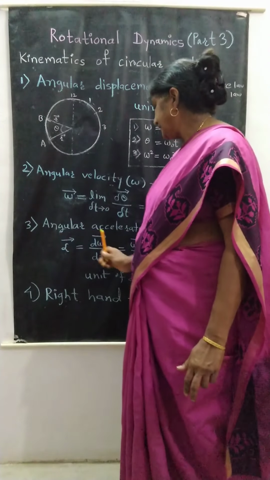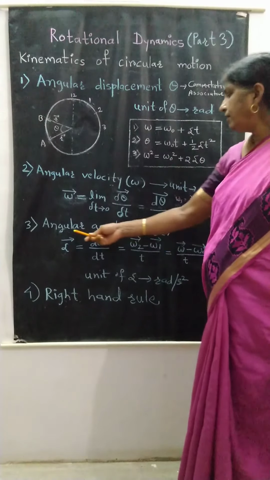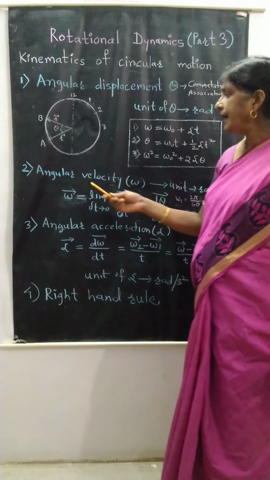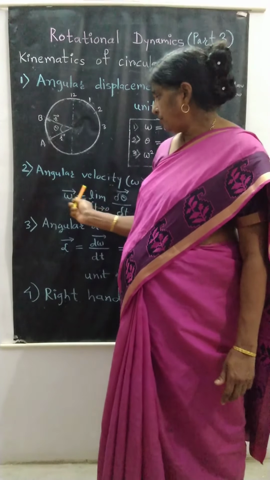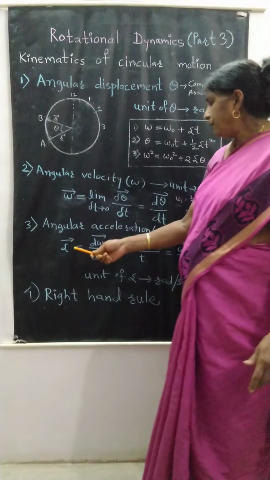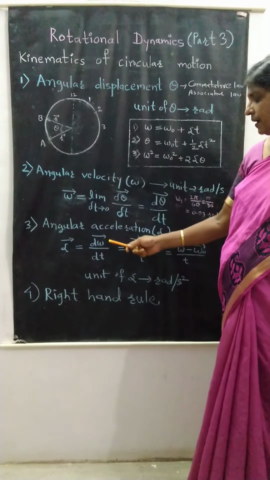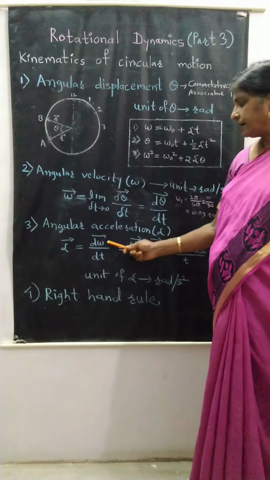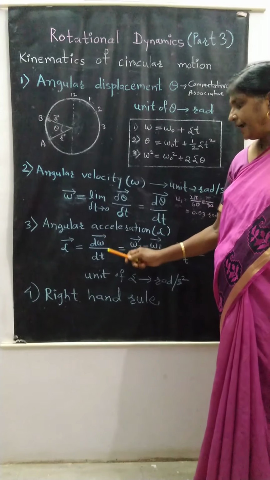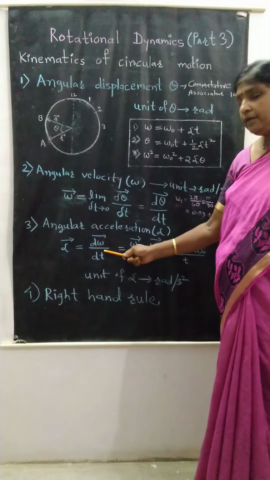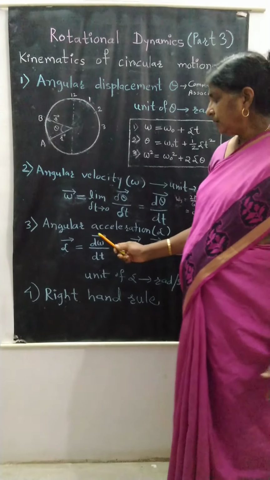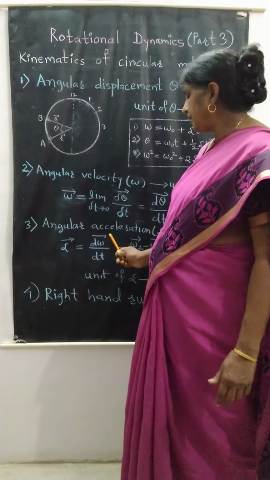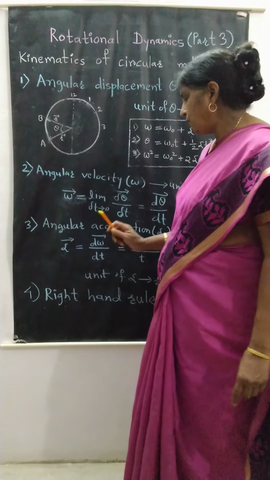Now the angular acceleration. Angular acceleration is defined as the rate of change of angular velocity. Alpha is equal to d omega upon dt. Now d omega is a vector quantity and dt is a scalar quantity, so the direction of alpha will be determined by d omega.